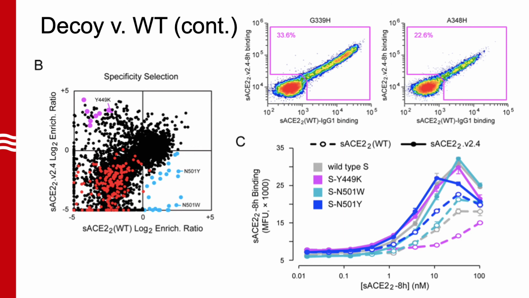In the upper right-hand corner, you can see two examples of the FACS results that were done for each mutation. After excluding RBDs that did not bind either receptor, no dramatic trend appears in terms of subpopulations that preferentially bind one of the receptors over the other. And this was seen consistently throughout each mutation.